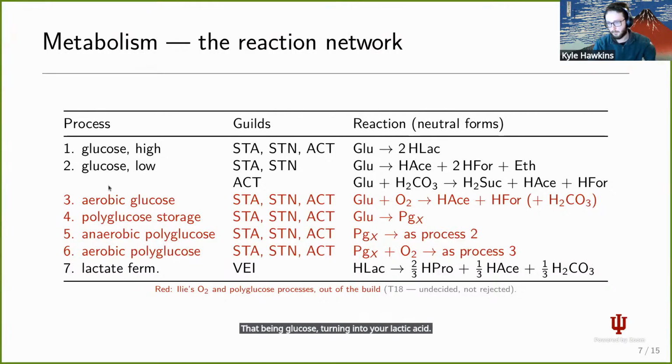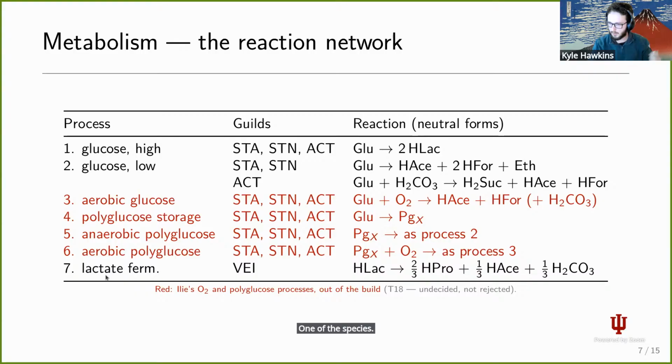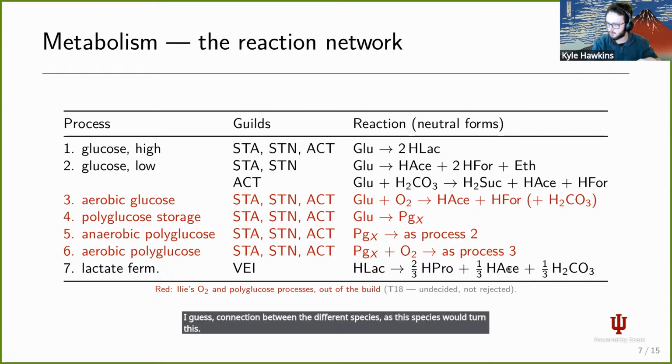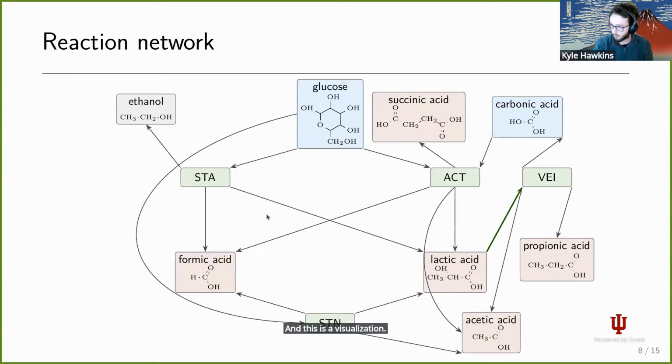And then for low glucose, we had a different reaction process. And for one of the species, I think VEL, they had lactate fermentation. So that gave some connection between the different species, as this species would turn this more acidic acid into less acidic acids. And this is a visualization of the network.